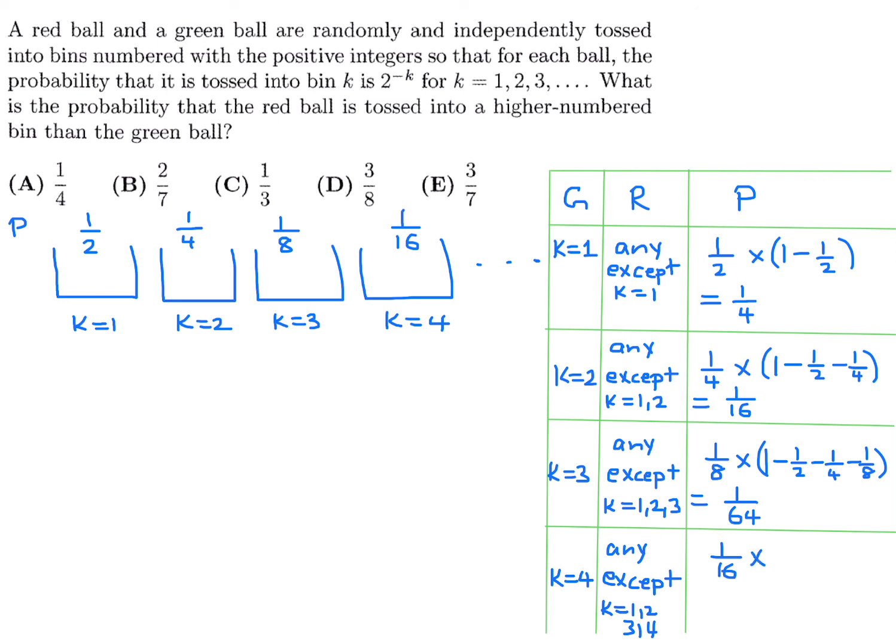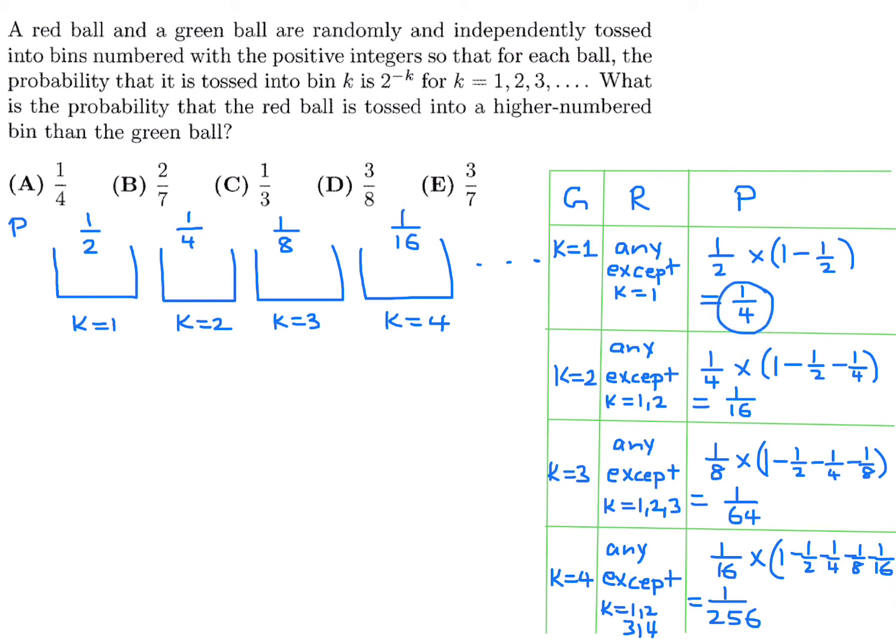And then again, we have to multiply by 1 minus a half, minus a quarter, minus an eighth, minus a 16th. And that is 1 over 16, this whole thing, when you do the math. So it's 1 over 16 times 1 over 16, which is 1 over 256. Okay, so I think you get the point here.